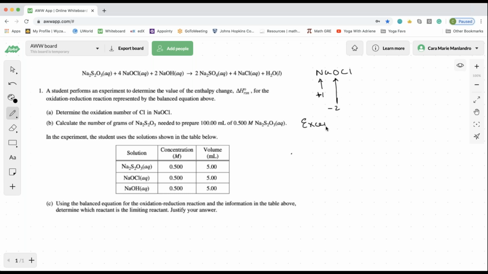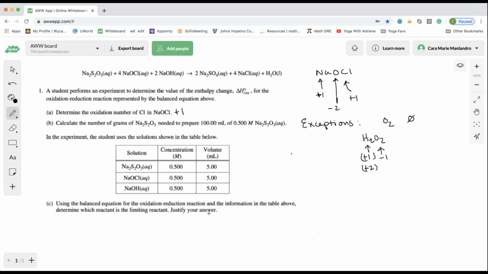The only exceptions are elemental O2, which has an oxidation state of 0, and H2O2, where the hydrogens are +1, there are 2 of them, so the oxygens must be -1 to compensate. Those are your only exceptions. So in order to balance, the chlorine has to have a charge of +1.